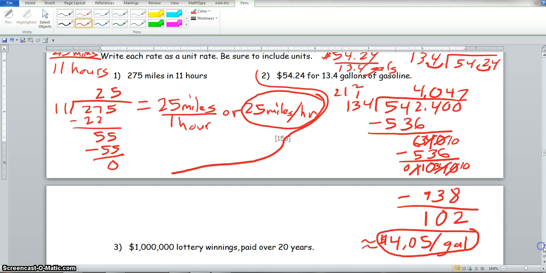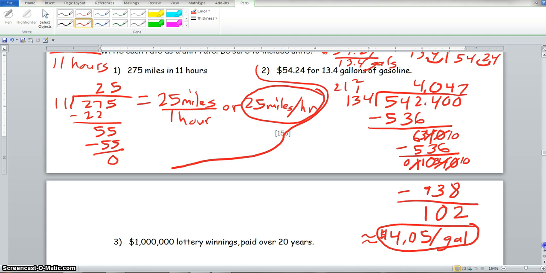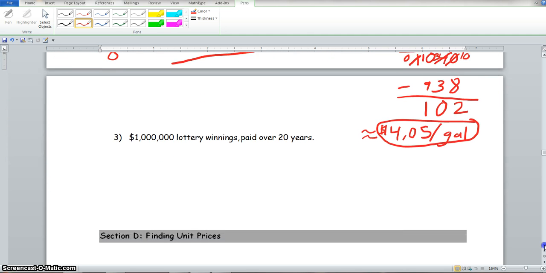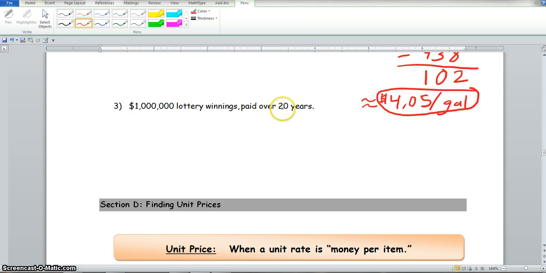Now, we come down here to number 3. We have $1 million lottery winnings paid over 20 years. So we'll take our $1 million divided by 20 years.